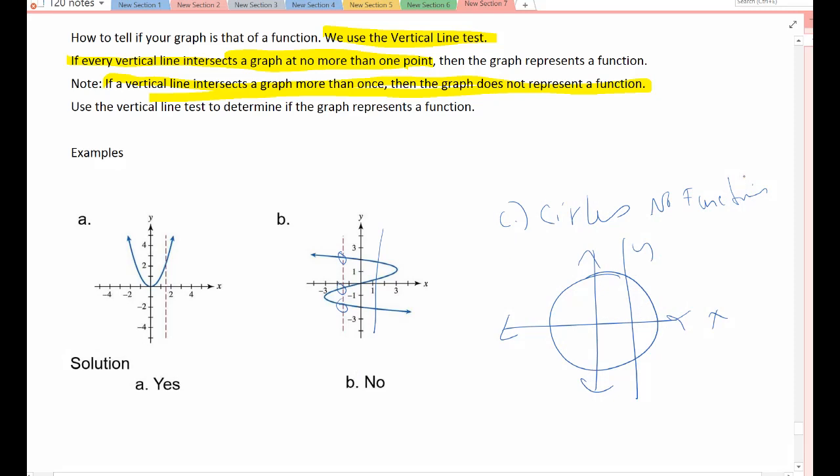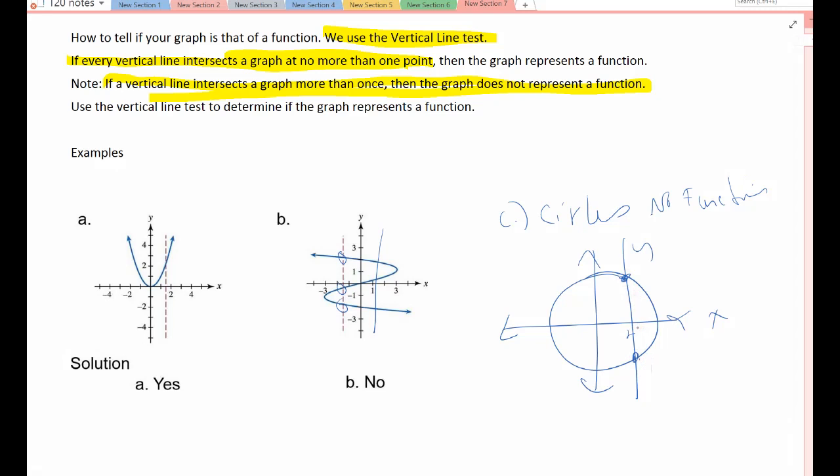Circles are a nice relationship between x and y, so they are a relation, but they aren't related in a function way. They're just a relation that happens to be a circle, but they aren't a function. Circles are not functions. It fails the vertical line test, because I have 2 y values for this 1 x value. So that's graphically, vertical line test.